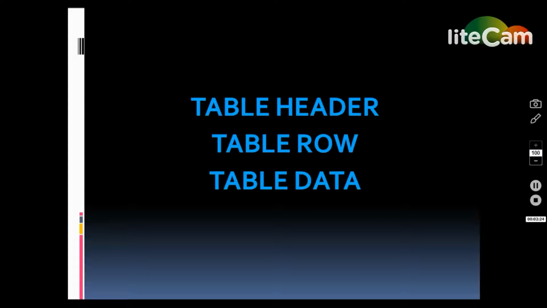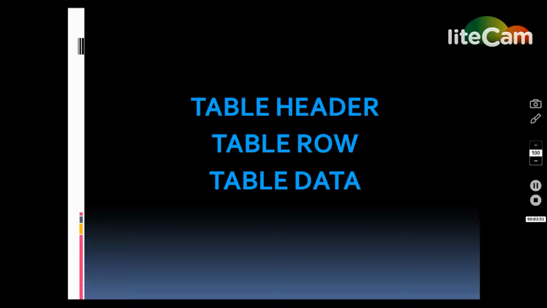And table data, under the table row we insert the table data. So first I create one HTML document and explain these three essential parts: table header, row and data. Then I go to the attributes and other parts of the tables.